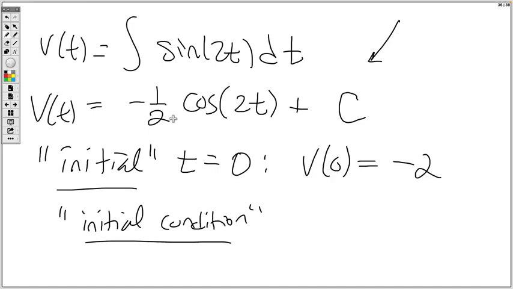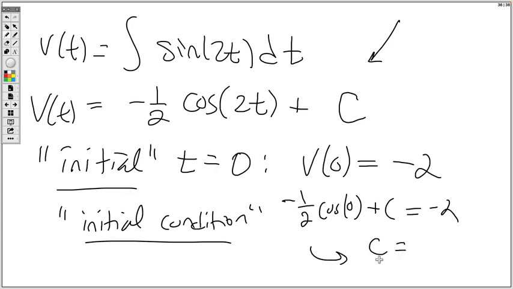We want the one where you plug in 0, you get out -2. So we just do this. We plug 0 in. So we got -1/2 cosine of 0 plus c equals -2. What's the cosine of 0? 1. So what do we get for our c? Okay.